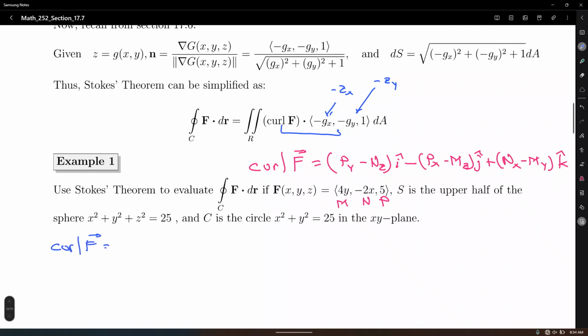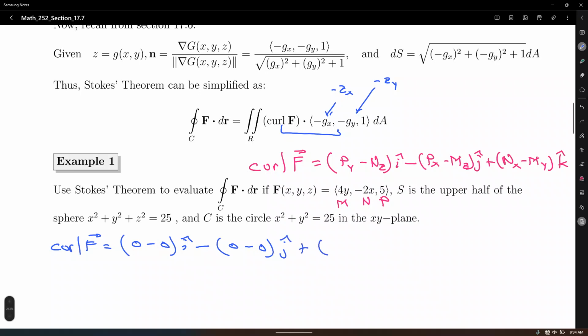Curl of F equals, okay, partial of p with respect to y, well, isn't that 0? Minus partial of m with respect to z, well, there are no z's, that's also 0, in the direction of i. Minus, parentheses, partial of p with respect to x, that's another 0, right? Minus partial of n with respect to z, there were no z's, that's another 0, in the direction of j.